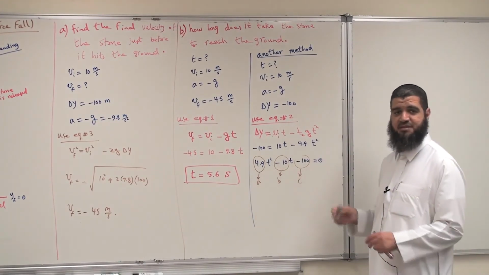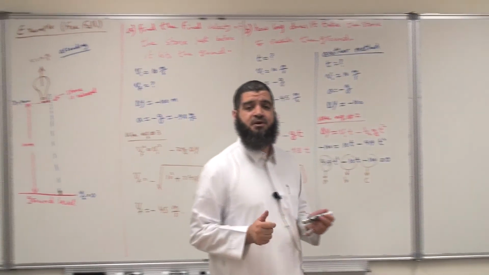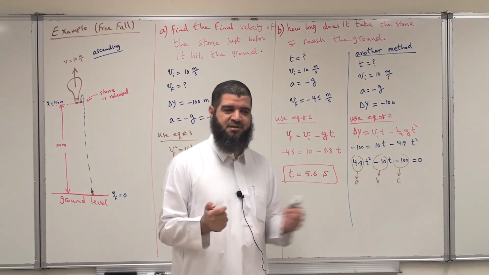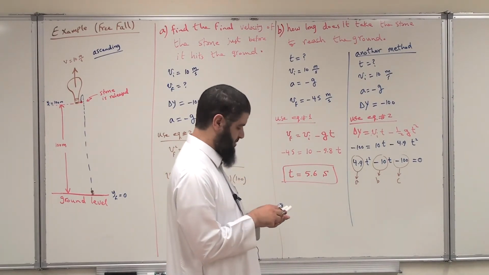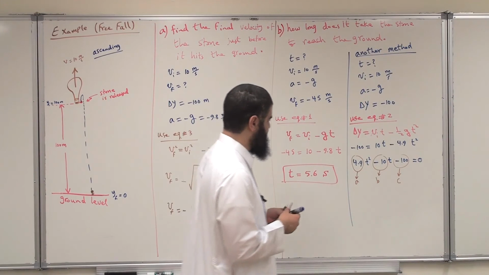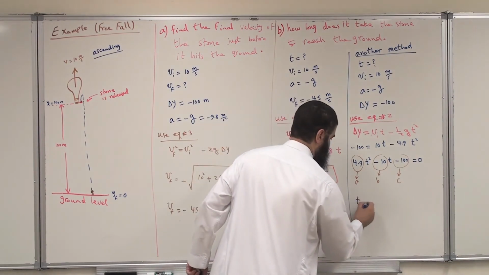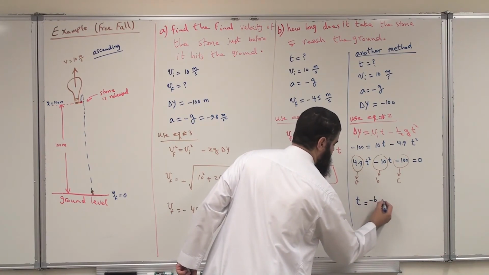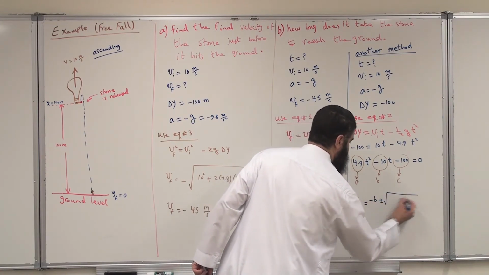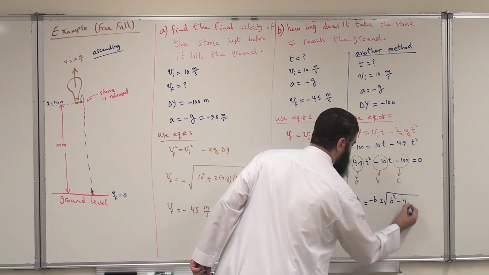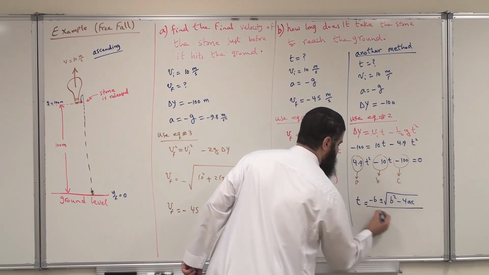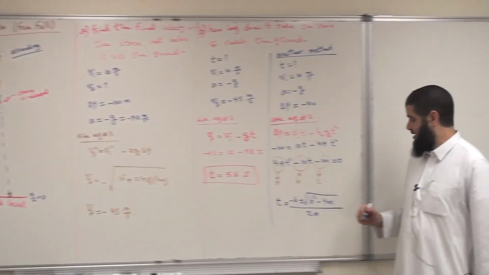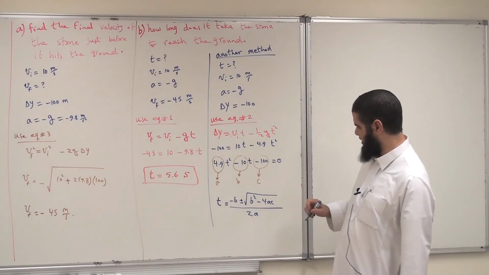So you have the choice either to use the discriminant formula or train yourself how to use the calculator to solve such a quadratic equation. Let me remind you of the formula. Here the time can be found: minus b plus or minus square root of b squared minus 4ac, all divided by 2a. So we'll have two solutions for this quadratic equation.